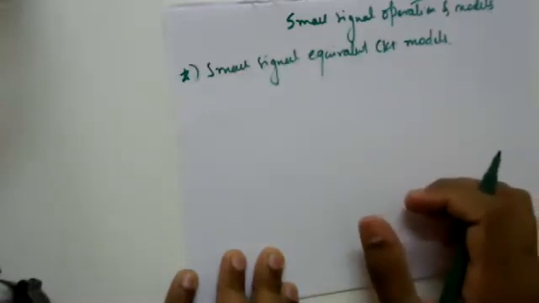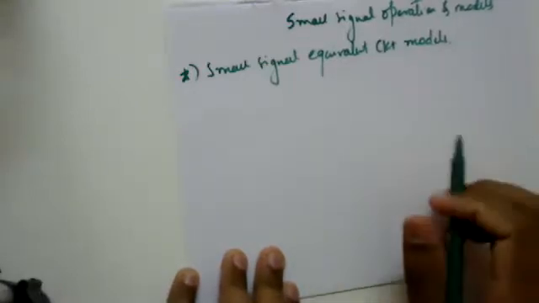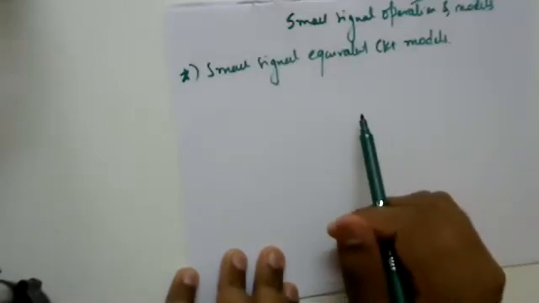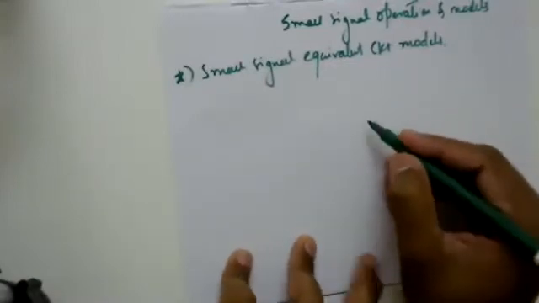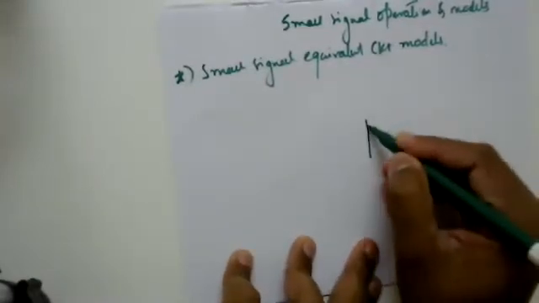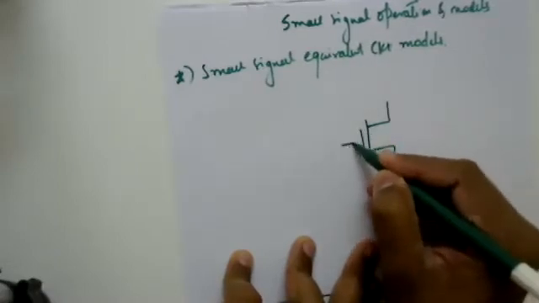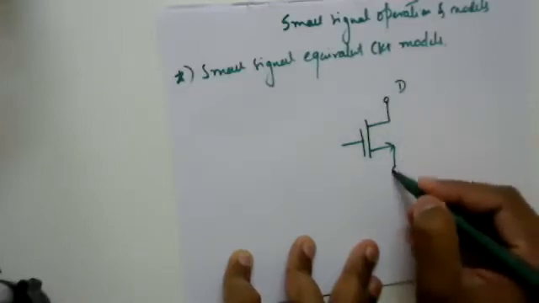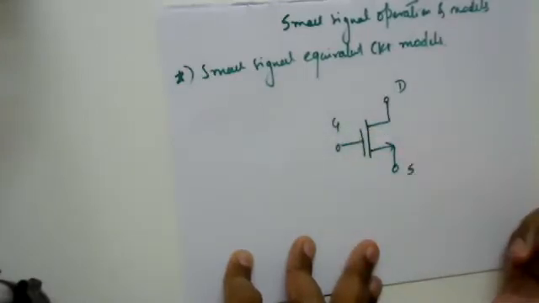Now, let me make you understand the title of this particular topic. I know how my MOSFET is seen. This is my MOSFET, wherein I have three terminals: the drain terminal, the gate terminal, and the source terminal.